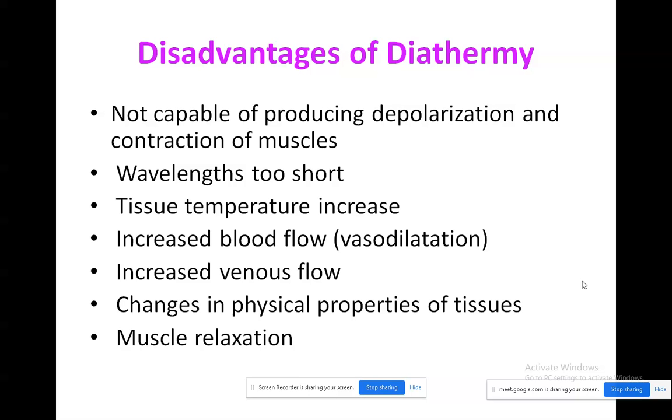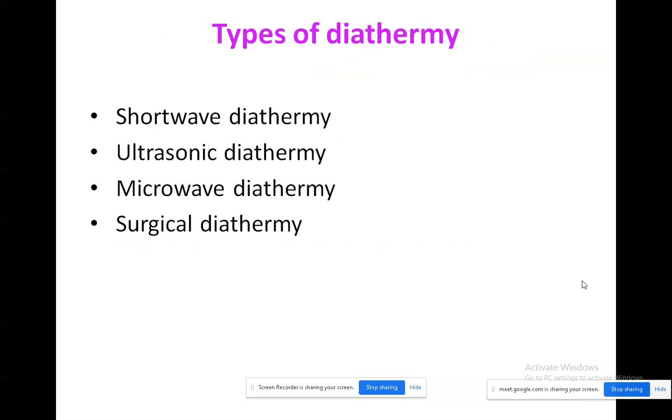Then the physical properties of the tissue may change, because we apply heat through electrical energy, so the tissue will modify its cell structure. Then muscle relaxation. These are the disadvantages of diathermy.